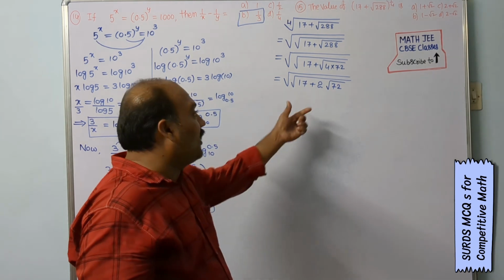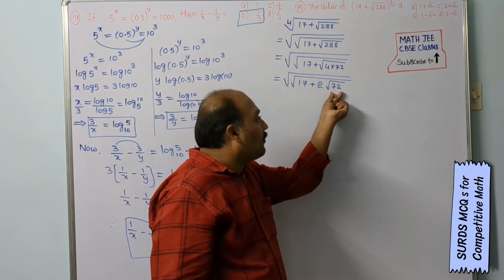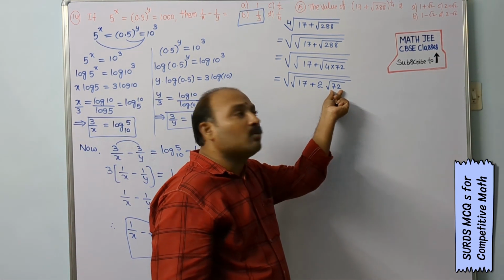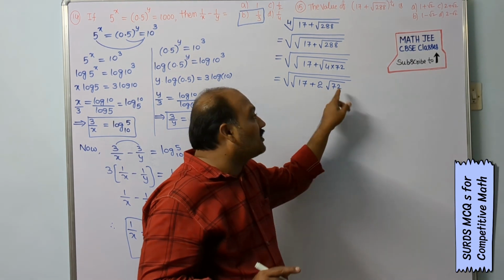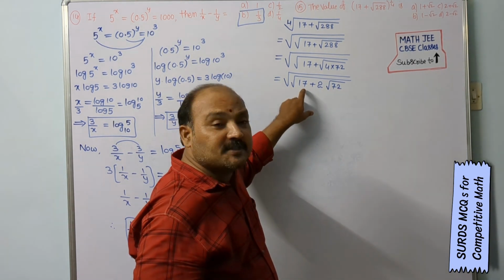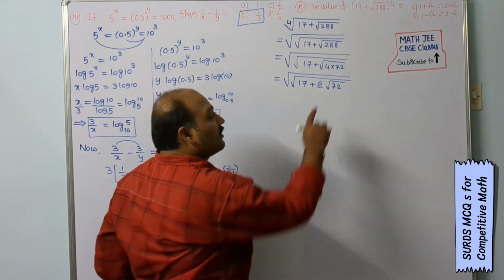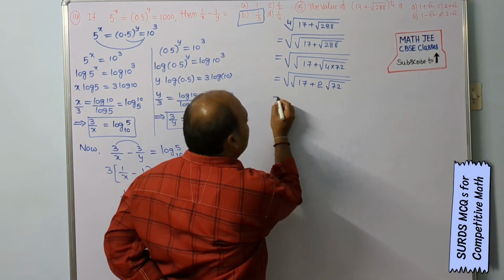While finding the square root, the product of two numbers is equal to 72. At the same time, the sum of these numbers should be equal to 17.